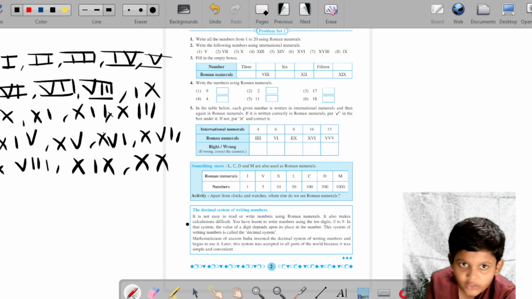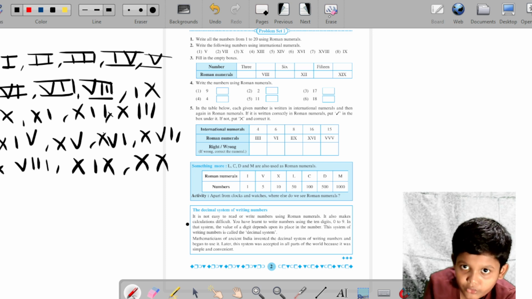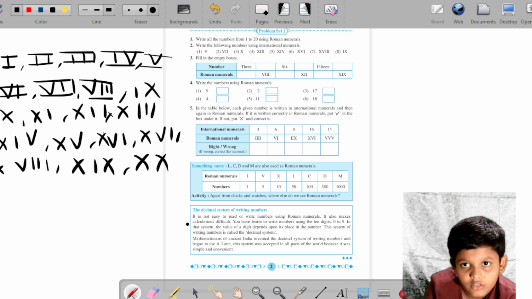So I have solved it. You can take a screenshot and save how to write, or you can learn.